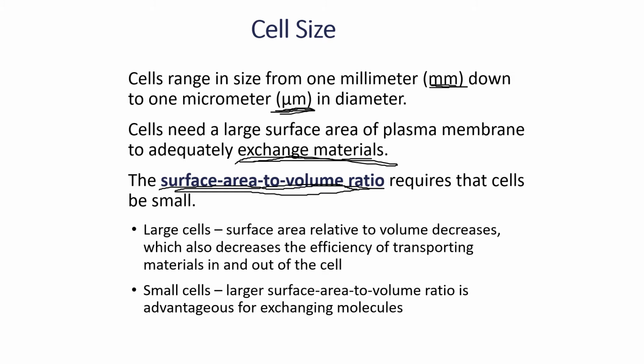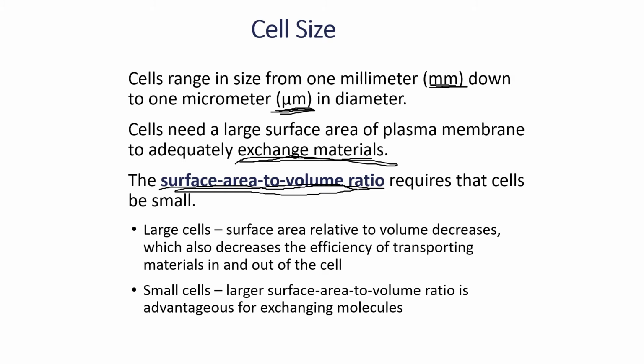Diffusion happens pretty quickly, but its range is pretty short. So you have to have lots of surface area in order to have efficient exchange with diffusion. So in smaller cells you can do diffusion really easy.